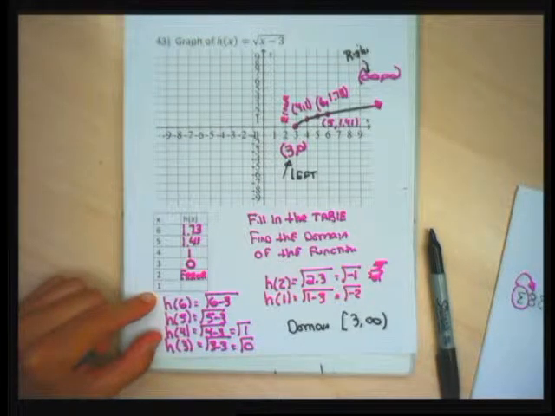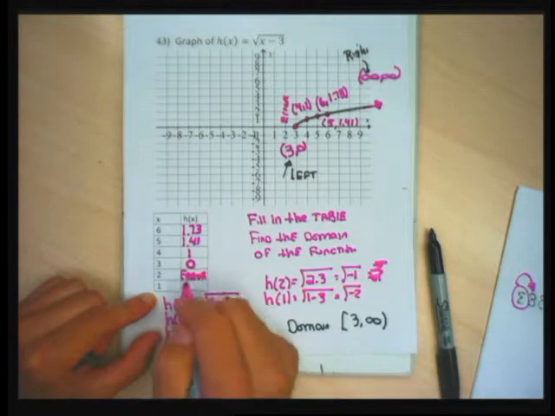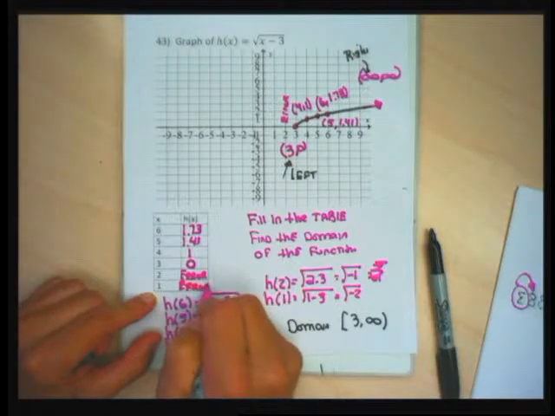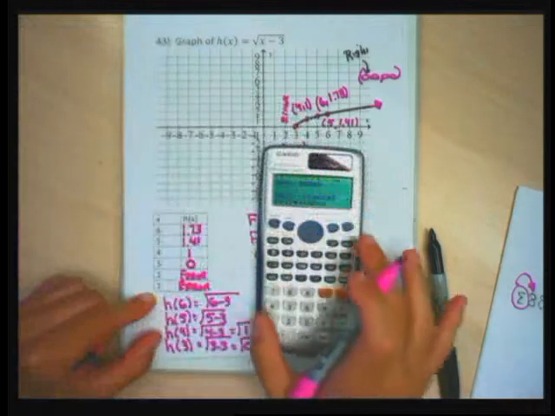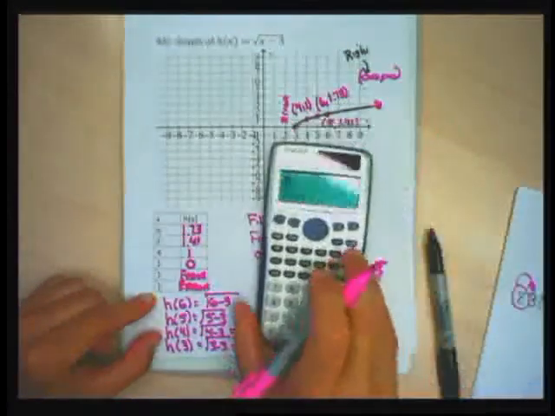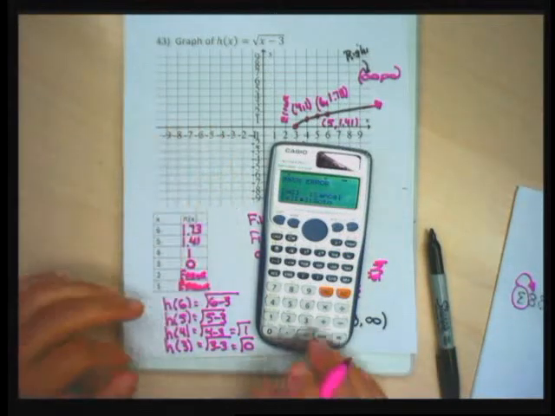This is also going to give me an error because no number times itself twice is going to give me a negative number unless it's imaginary. So when I do this on my calculator, I get the same math error.